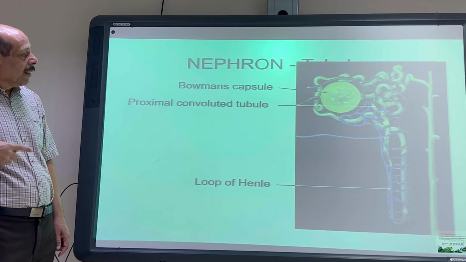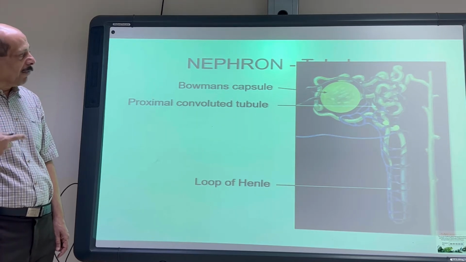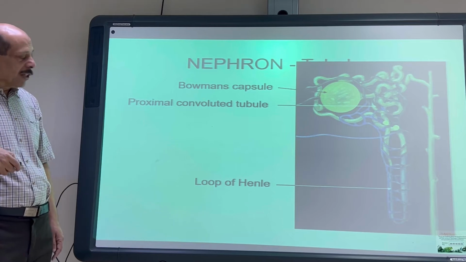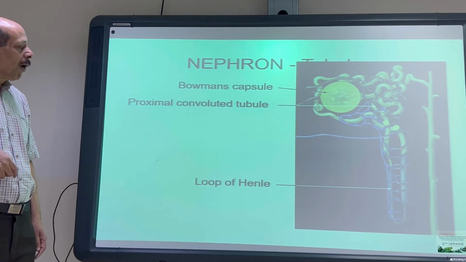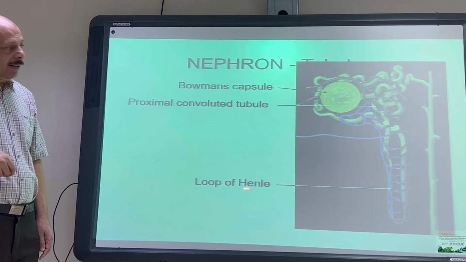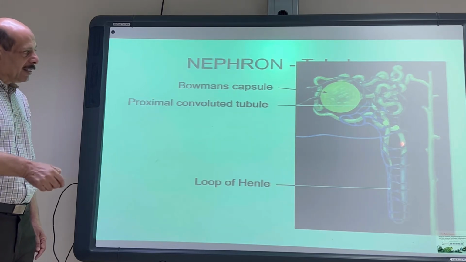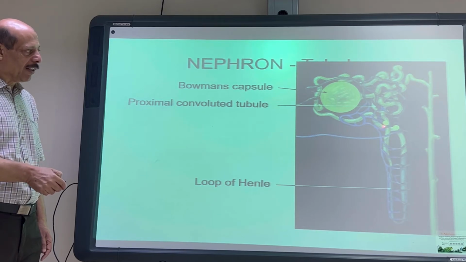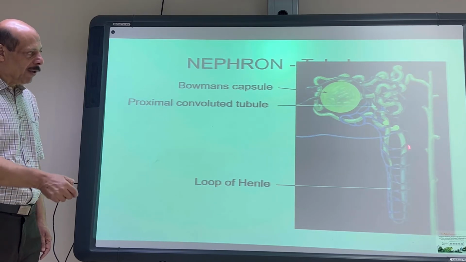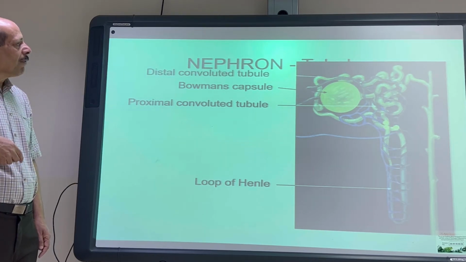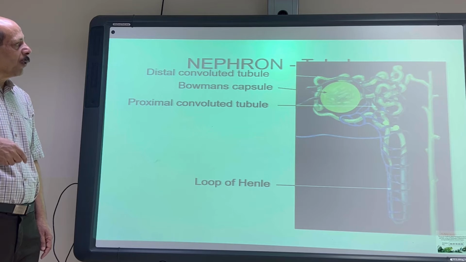Then this is the longest part of the tubules of the nephron, which is called the loop of Henle. So we have the proximal convoluted tubule, the loop of Henle, then the distal convoluted tubule.